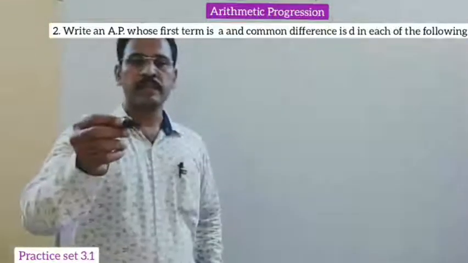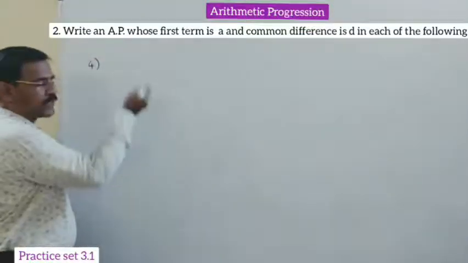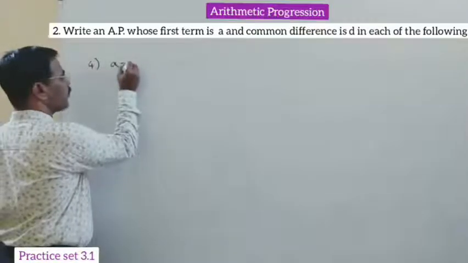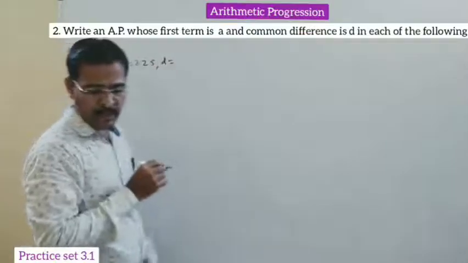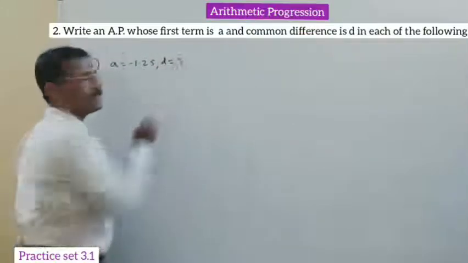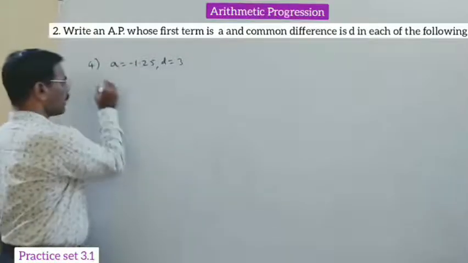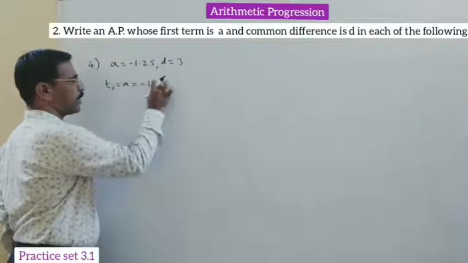Okay friends, next sums. See here, the fourth one, we already took the 3 sums. Here, A is equal to minus 1.25. And what about D here? D is 3 here. From this information, we are going to find the AP. Okay? See. What about T1? That is nothing but A, which is minus 1.25.